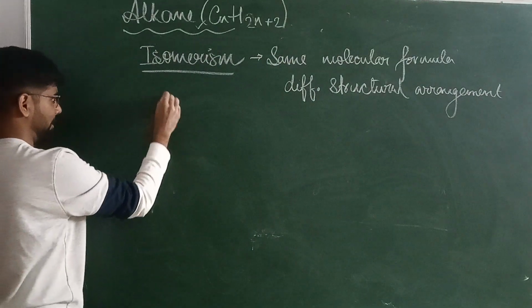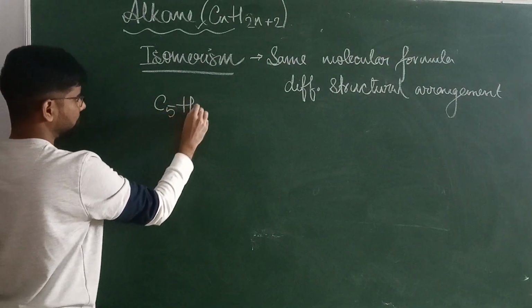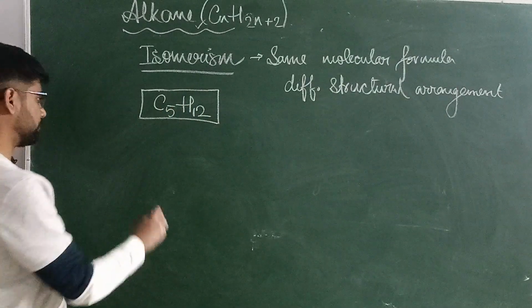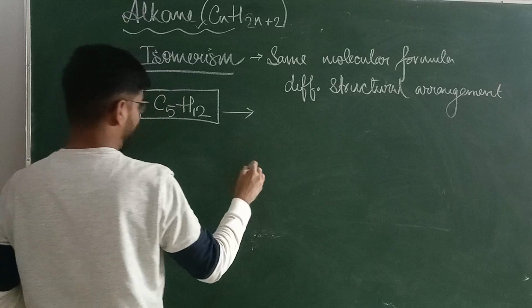Let's say I have the molecular formula C5H12. Now, how many different ways can I draw this?